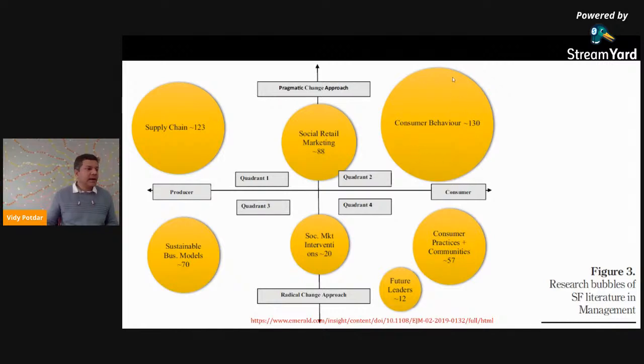And one interesting part of this is the size of the bubble is reflective of the number of papers that are talking about that concept. Okay, so consumer behavior, 130, is the biggest bubble, whereas future leaders only has 12 papers, the smallest bubble. So this is another graphical way to represent your literature in a table or in a figure.